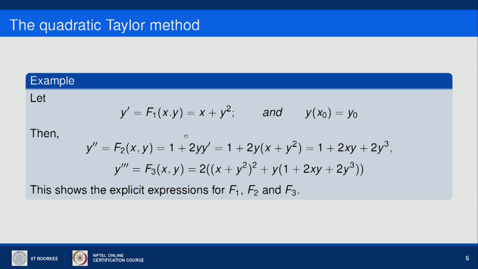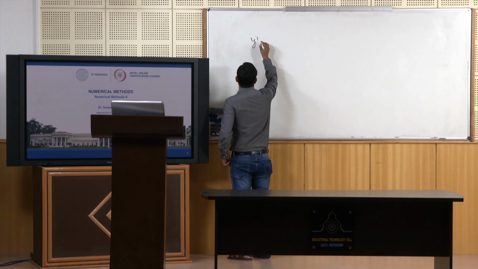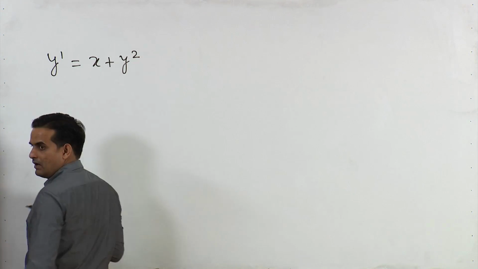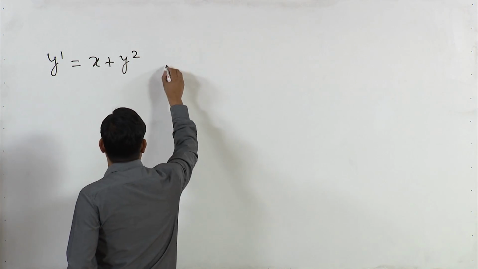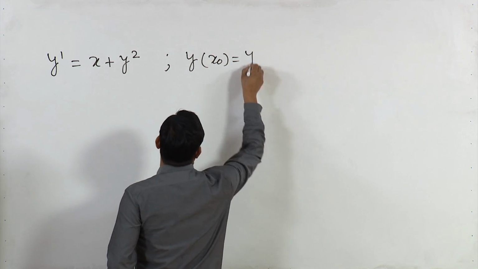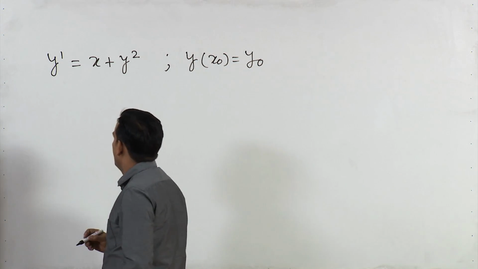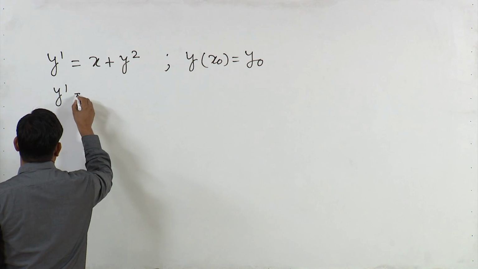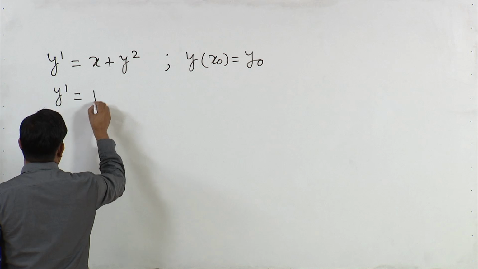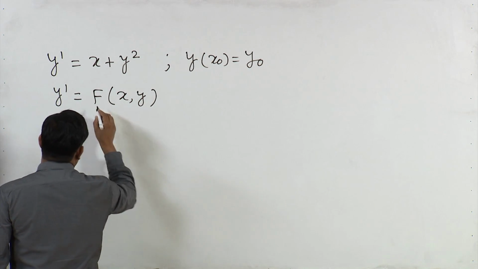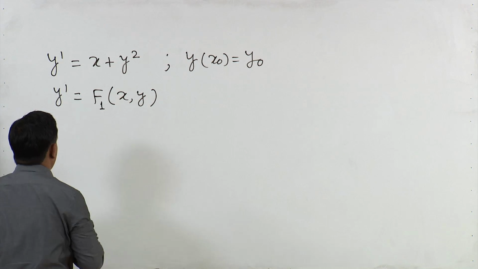In this example we have the differential equation y prime equals x plus y square, together with the initial condition y at x naught equals y naught. Now, let us assume that y prime equals f of x y, or I will write f1 of x y.